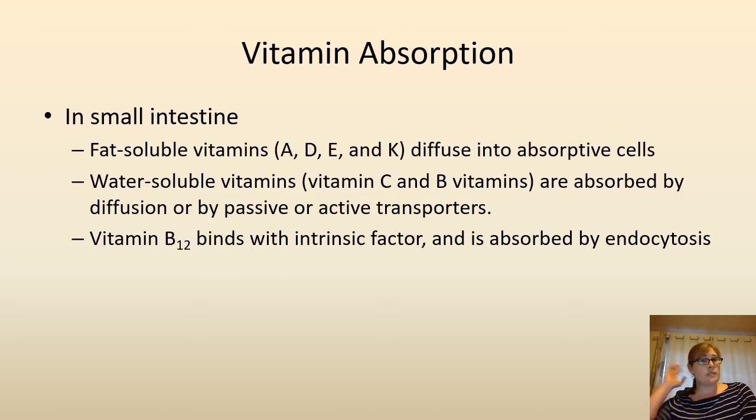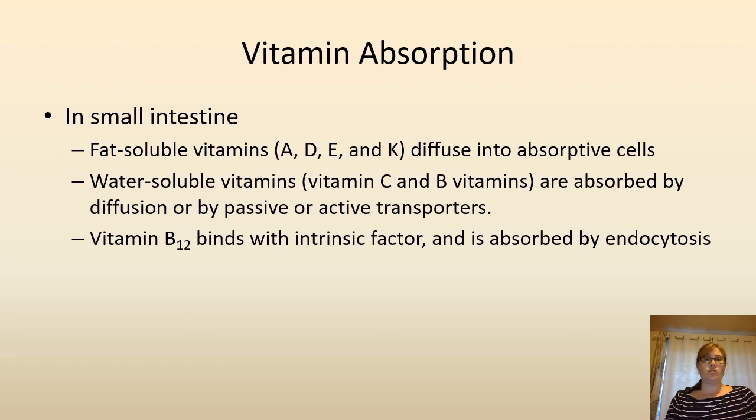Okay, and then we have vitamins being produced and absorbed. So we can absorb some vitamins directly through the small intestine, vitamins we eat. So vitamins that are fat soluble are ones that you need to have fat to absorb: A, D, E, and K. And then we have water-soluble vitamins. Vitamin C and B can diffuse into the bloodstream.